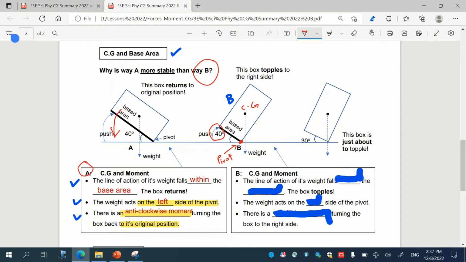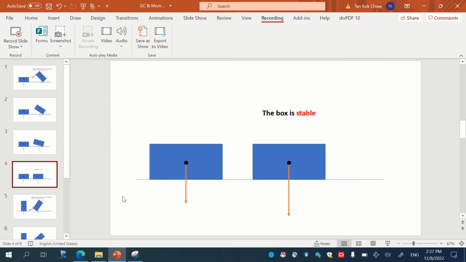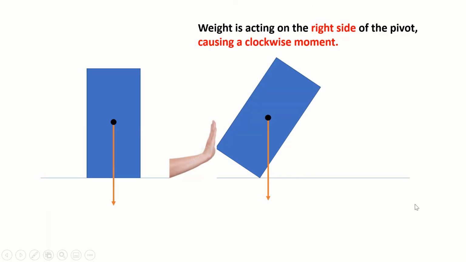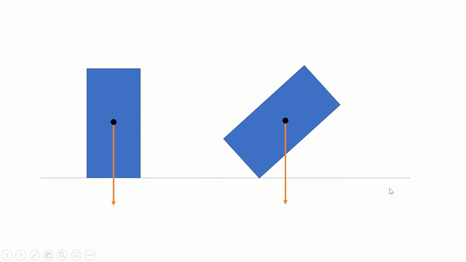Which means now it will experience a different effect when the hand lets go. So I would like to show you the PowerPoint slide again. Let's take a look. This time it is this position. So the weight acting on the right side of the pivot causes a clockwise movement. If I were to ask the hand to let go now, this vertical line of action of the weight will continue to pull the box downward this way.